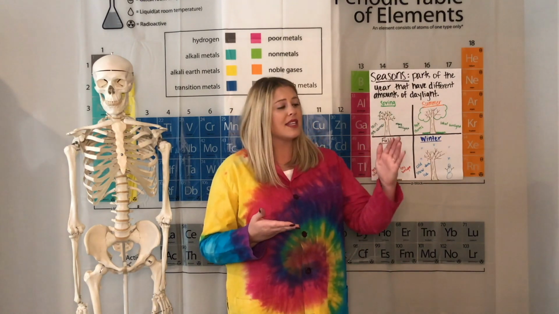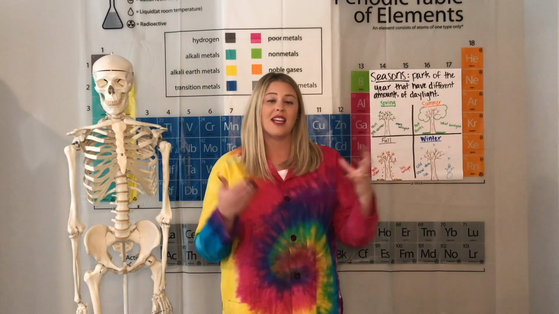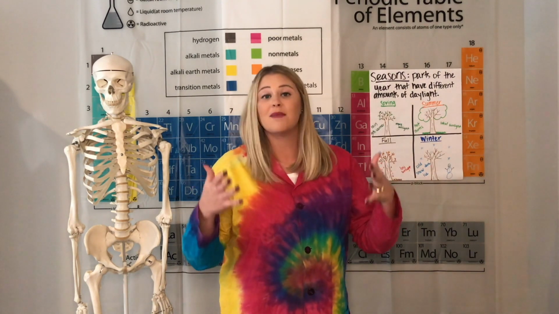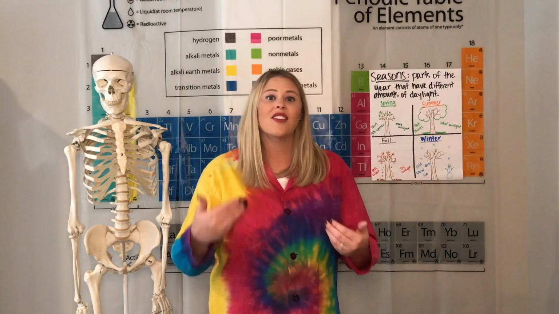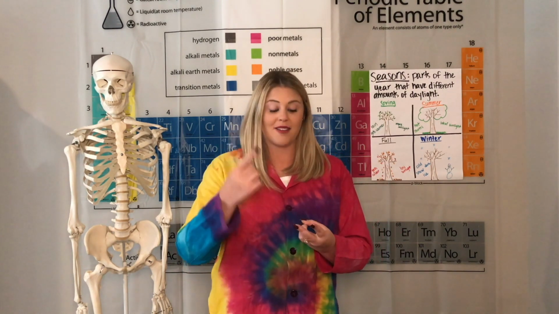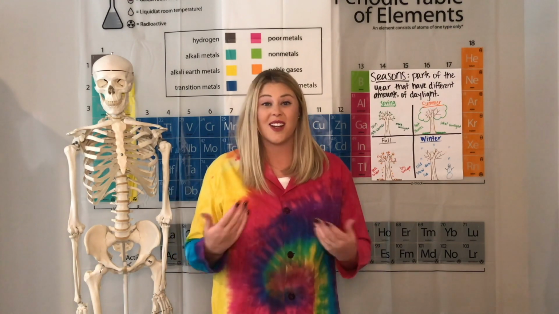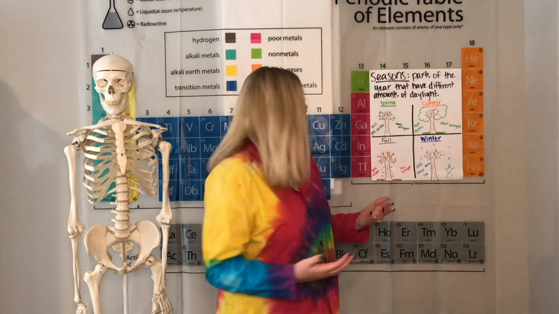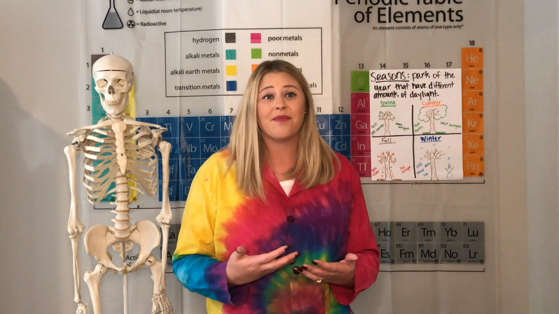So fall is really a season where we start to see a huge change in the length of the time the sun is out during the day. And that impacts our temperature, it impacts our weather, and it impacts what happens to the plants and animals in the environments around us.